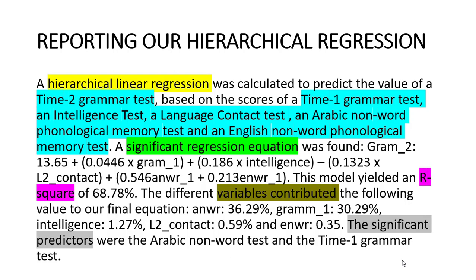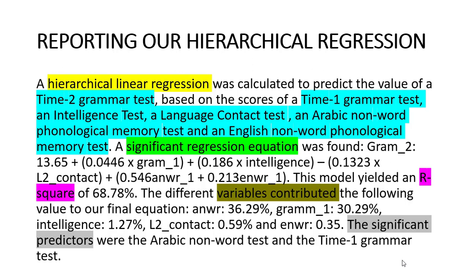So notice here that we really have 6 different parts. The first part, we basically say what kind of regression we ran. Now in this program we discussed 2 types of regressions. We learned how to do a hierarchical linear regression, and this is what we are reporting here, and we also learned how to do a standard regression. Then we say what our predictors were, and of course what item we were trying to predict, our response. So in this case our time 2 grammar was our response, and we had a whole bunch of predictors there.